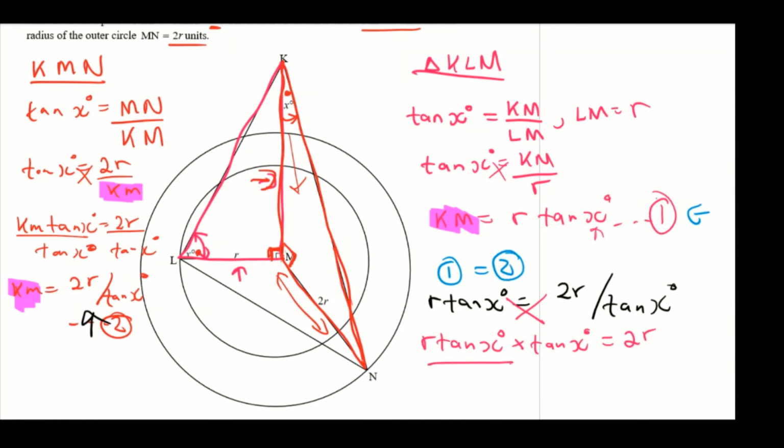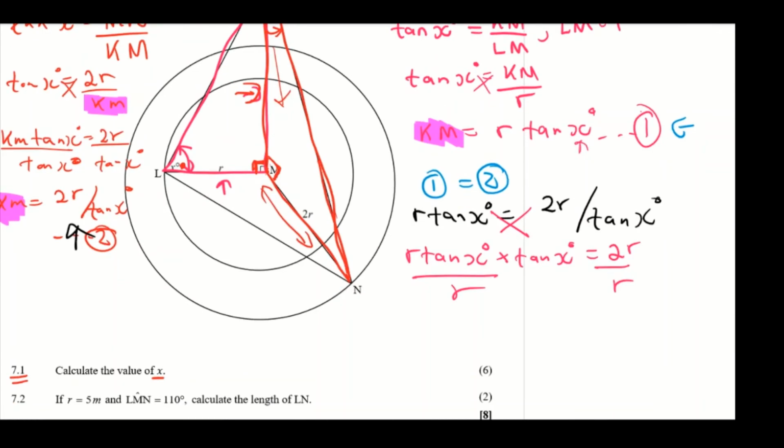Then we divide by r both sides, so this r goes away and this r goes away. We have tan squared x degrees equals 2.